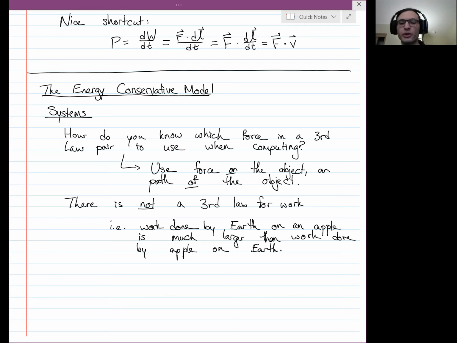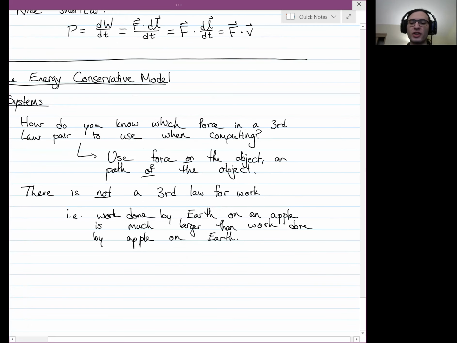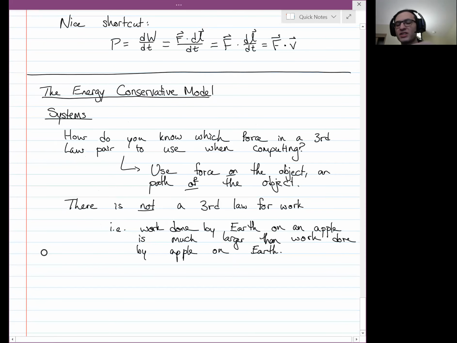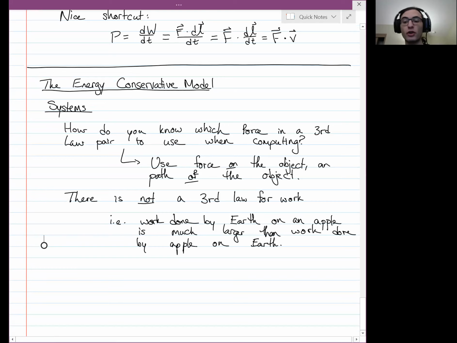But consider that the work done also depends on the distance traveled, right? If an object travels further, more work is done. The apple falls significantly further than the Earth moves upwards. The Earth moves upwards like 10 to the minus 15 meters. So of course the work done by the Earth on the apple is larger, and that's just because the apple travels further.